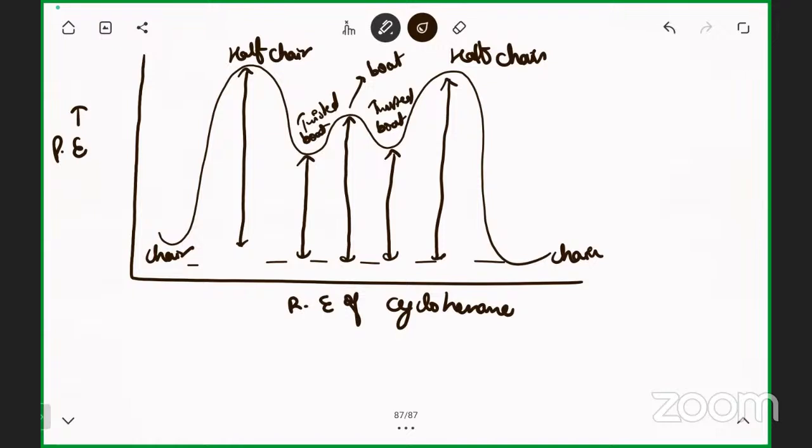So if I write the order of stability, the chair is most stable, by seeing the graph. Now, you remember that energy is inversely proportional to stability. So first, the chair is the most stable. Then second will be whichever has less energy: half chair, twisted boat, or boat?